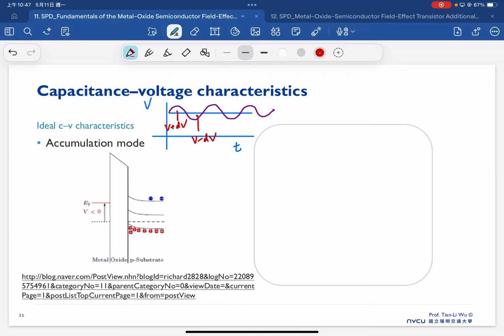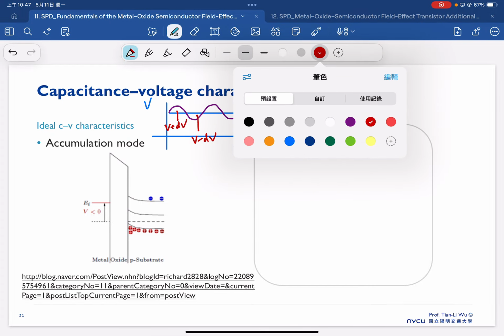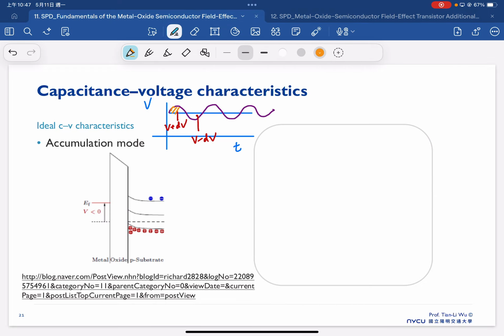And this plus and minus dV will cause a charge difference. We will have the charge difference here and here. With this consideration, we can start to characterize the CV, because the capacitance is mainly related to the charge.